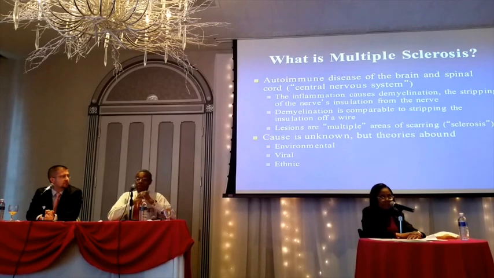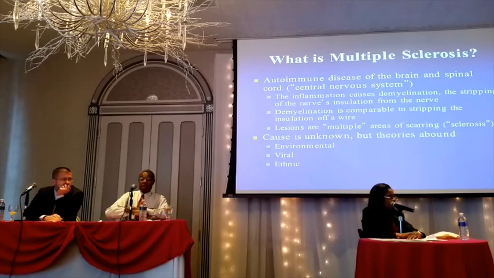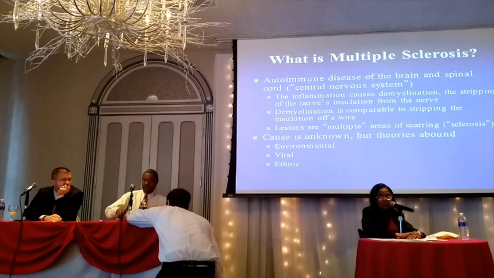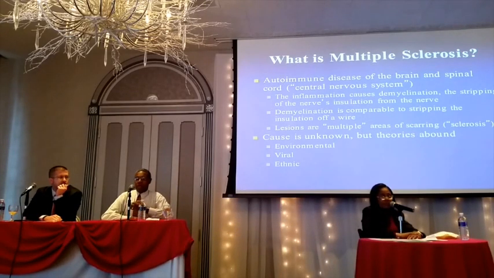So attacking environmental first, well, there are some very interesting things that we notice about multiple sclerosis. We notice that multiple sclerosis tends to be a disease of temperate climates. So places like the northern United States, places like Europe, typically.